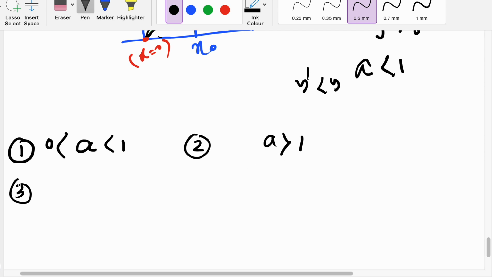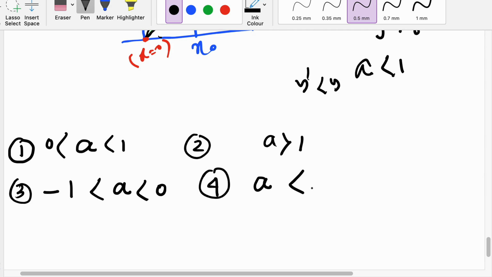Third case is a between minus 1 and 0. And fourth case is a less than minus 1. So we will see the behavior of the system one by one.